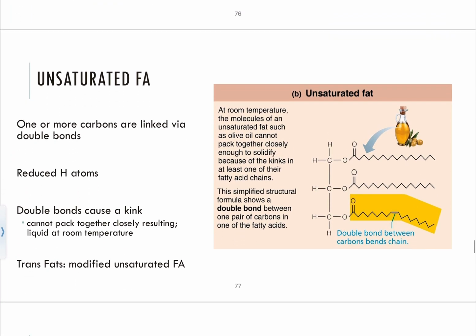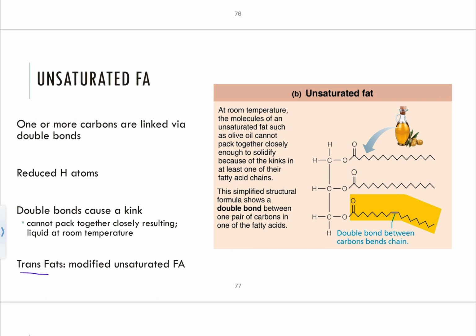In contrast, with unsaturated fatty acids, every carbon is not necessarily making 4 unique bonds. In some cases, we're going to have a double bond. A double bond in a fatty acid chain causes that chain to kink, and therefore we can't stack all of those triglyceride molecules nice and neatly. That is why unsaturated fatty acids are liquids at room temperature.